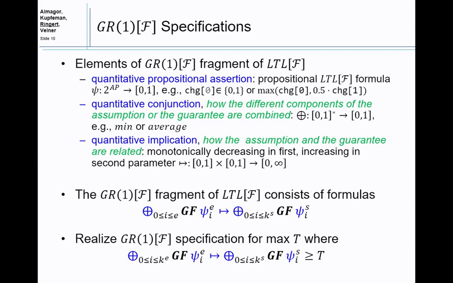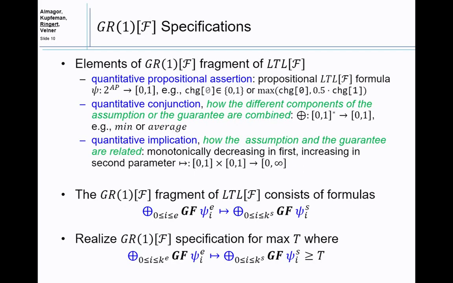We have quantitative propositional assertions. This would be the things that we want in assumptions or guarantees to always eventually happen. And this could be simply the atomic propositions mapped to 0, 1, or maximum over atomic propositions, and we can also scale them. So we can define any kind of functions for these quantitative propositional assertions. And the next thing is we need to combine the different assumptions and the different guarantees to group them with a quantitative conjunction.